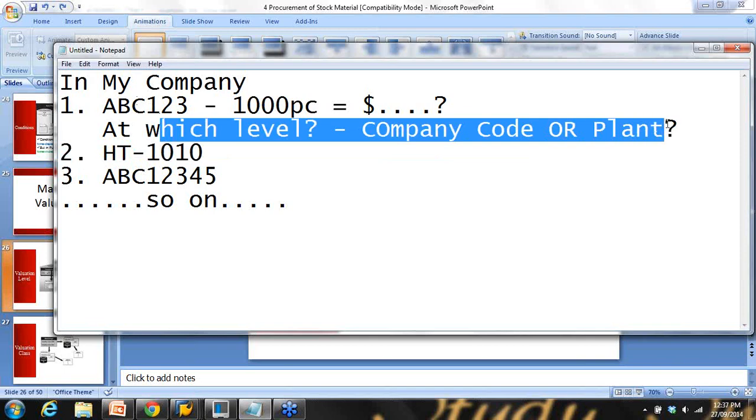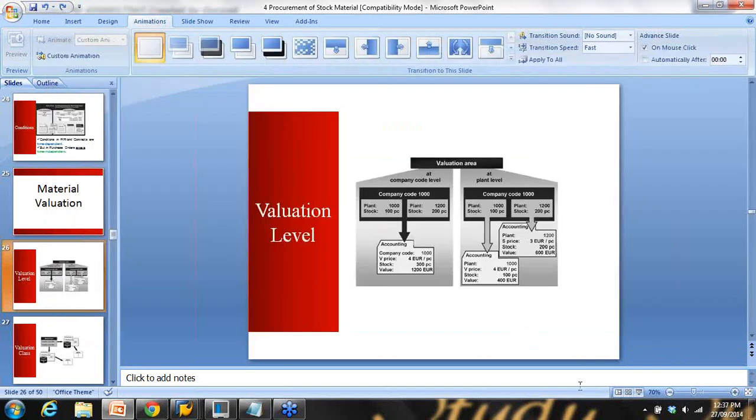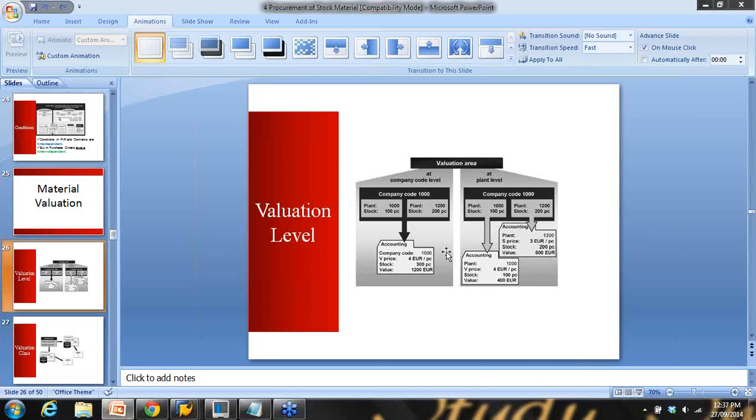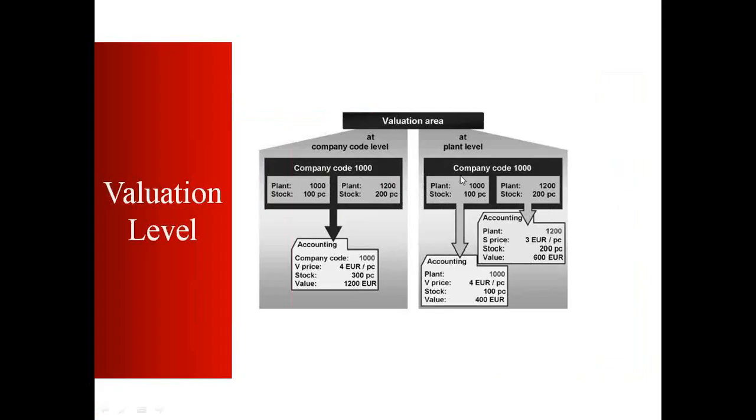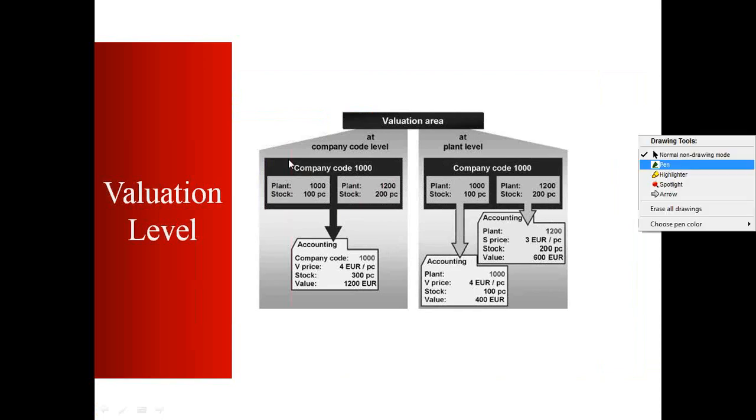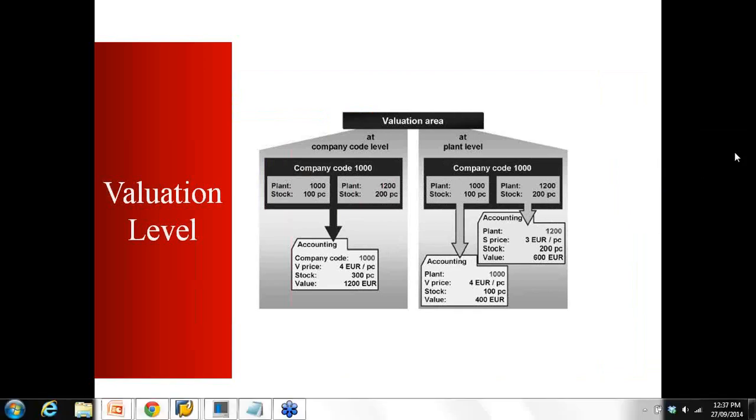Here you can see those two levels again. You can say I want to maintain it at company code level, or at plant level. The second level is plant level.